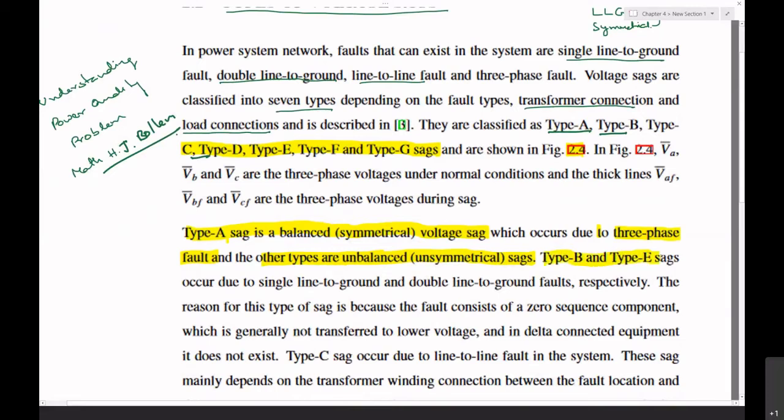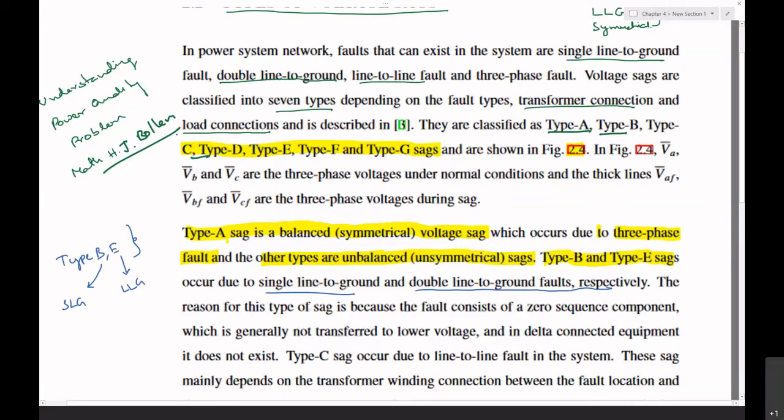Type B and type E sags: type B is the single line to ground fault, whereas type E is the LLG fault.